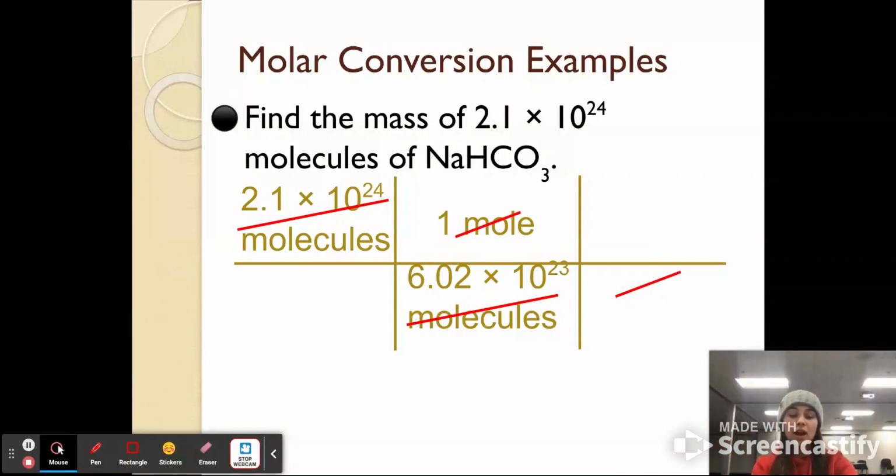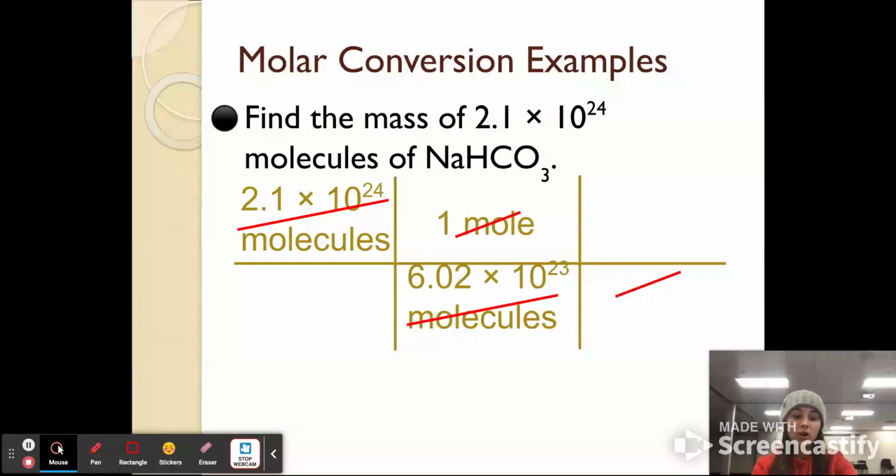So I would need to calculate the molar mass of NaHCO3. So go ahead and try that. Just off the top of my head, I think sodium's molar mass is about 23, hydrogen's is 1, carbon's is 12, oxygen is 16. That is off the top of my head.